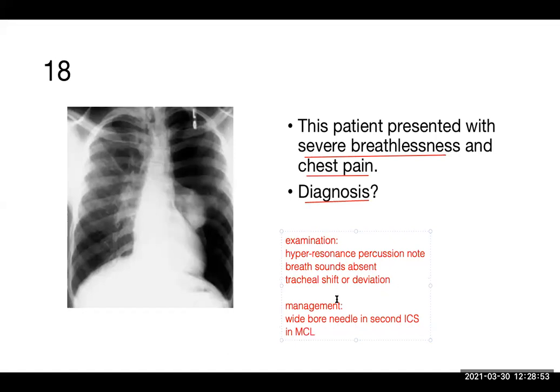Never forget this. Anyone can do that, and you can save the life of this patient if you do this. Just a 16 to 18 gauge needle, which is easily available everywhere in the ward, in the nursing station, anywhere. You don't even need to clean the chest wall. Just palpate it. We know how to palpate the second rib.